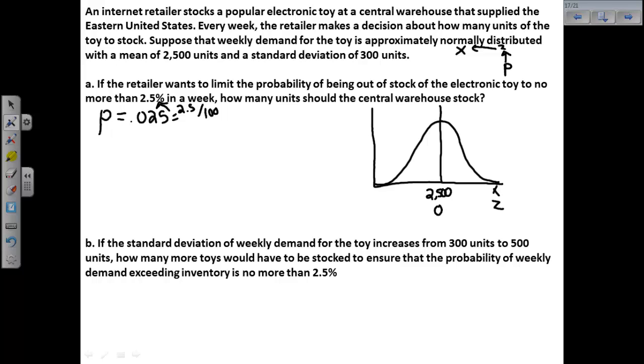So what we're really looking for is the x value that corresponds to P equals 0.025 in the tail to the right on the positive end of the distribution. So let's go to the unit normal table, find 0.025 in the tail, and then see what z-score that is so that we can then calculate x.